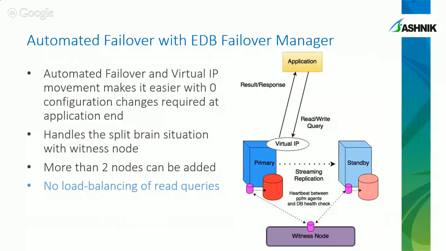This way, it ensures that there is no configuration changes required in the application. Only drawback or limitation of this setup is still you have to build the logic of redirecting read queries in the application. You cannot automate that. You cannot do auto load balancing.